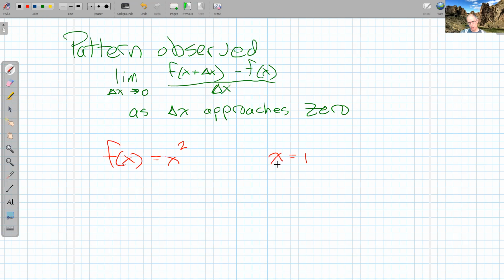So we're at the point x equals 1. And we need to find the slope. So the slope's going to be f of 1 plus our delta x minus f of 1 divided by delta x. So this is our m secant.